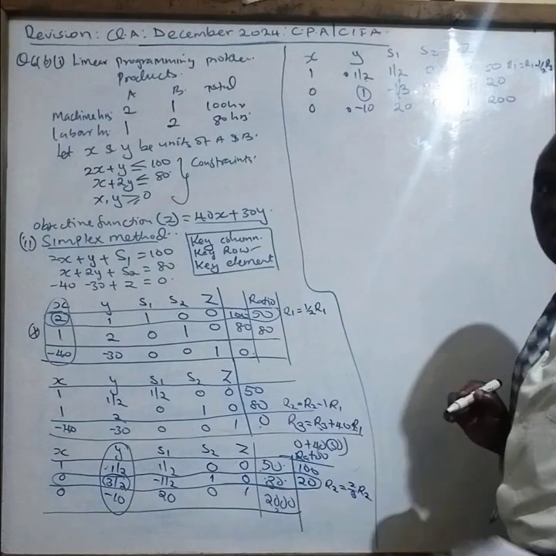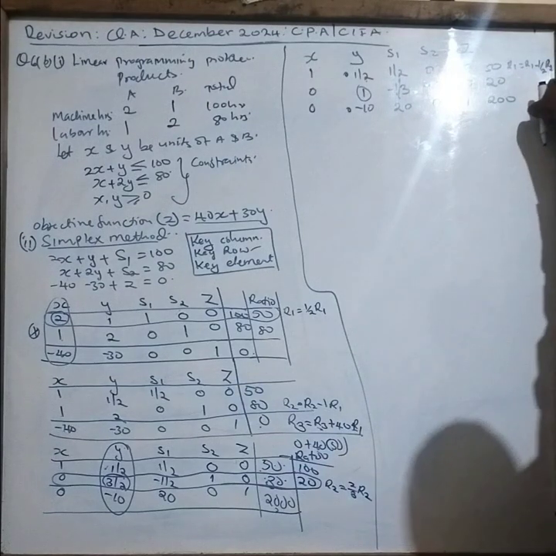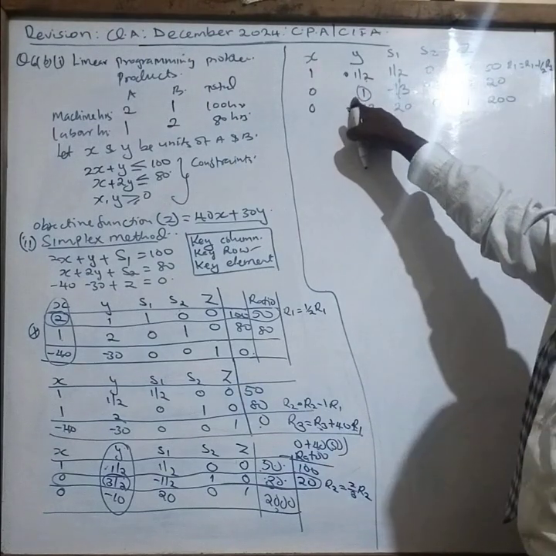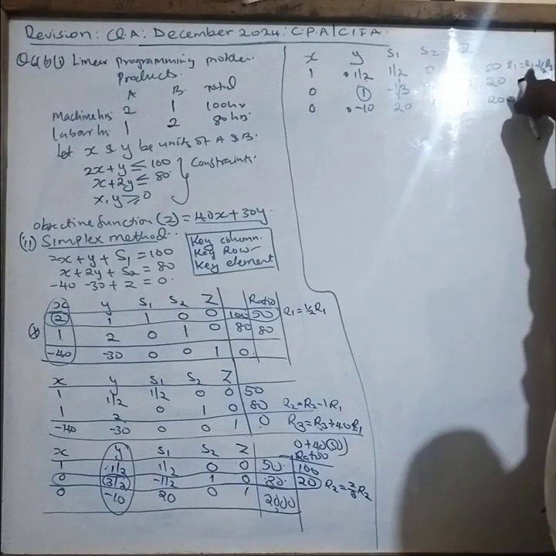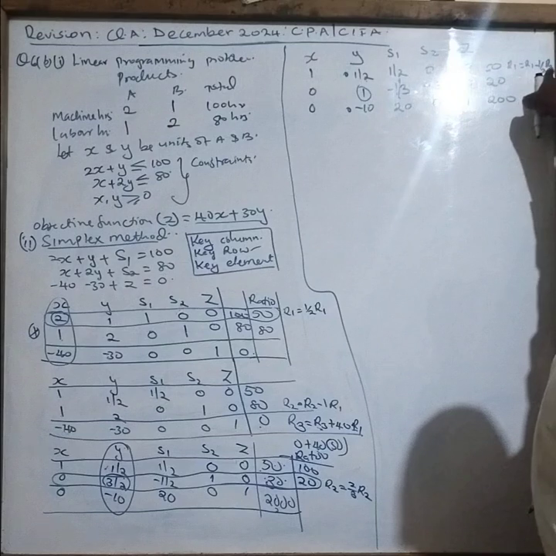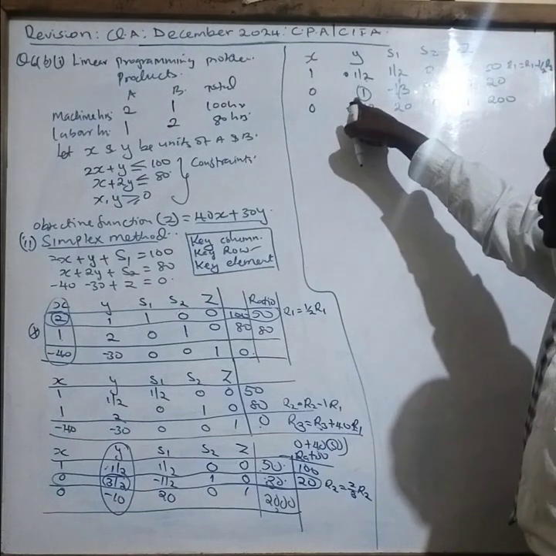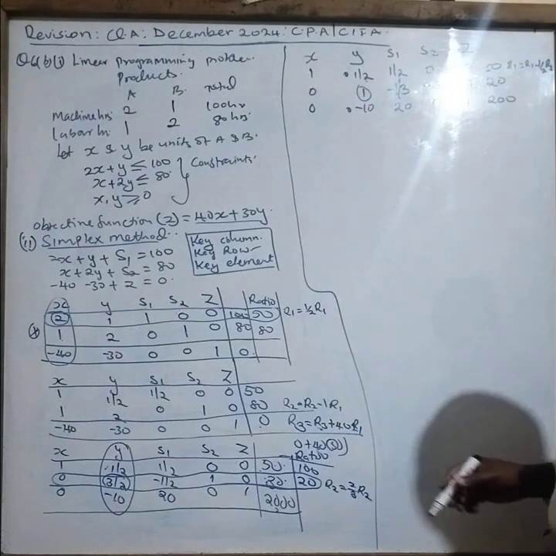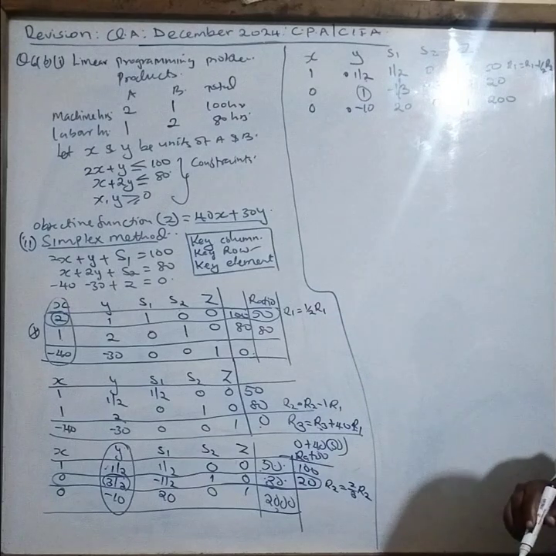Why am I writing row 2? Row 2 is where my key element was. Therefore, if I say a half here, minus a half times row 2, which is this, it will give me 0.